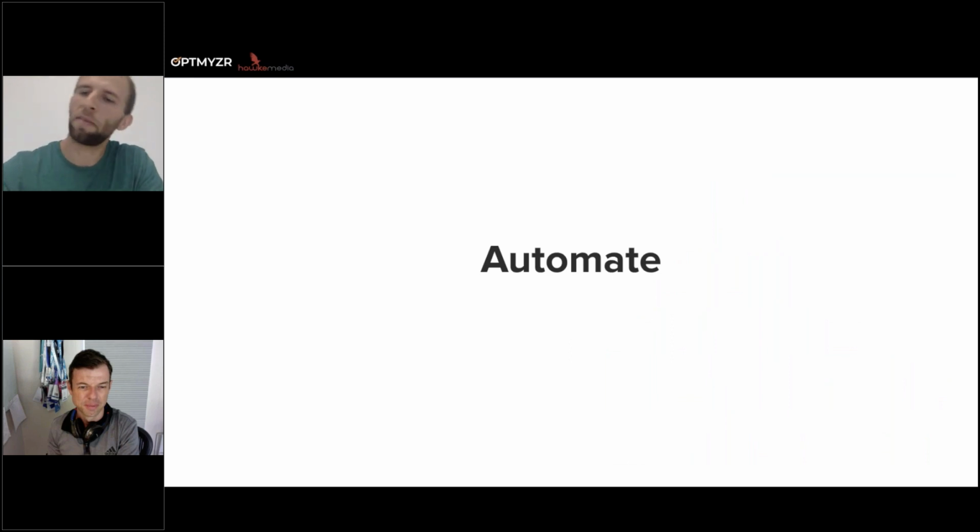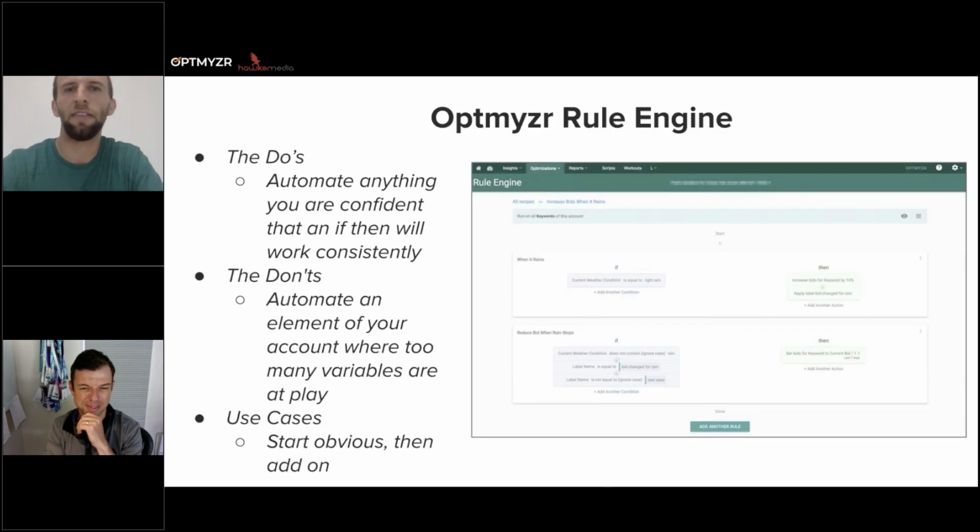Next is automate. So I know Fred is jumping in his seat over there because he's excited that this is the Optmyzr rule engine, and it's a really powerful tool that I'm bullish on, and I know Fred is big on it too. It essentially uses conditional logic with if-then scenarios to automate Google Ads. So there's a slight functionality of this in Google Ads where if your click-through rate is XYZ, then I'm going to pause these keywords.